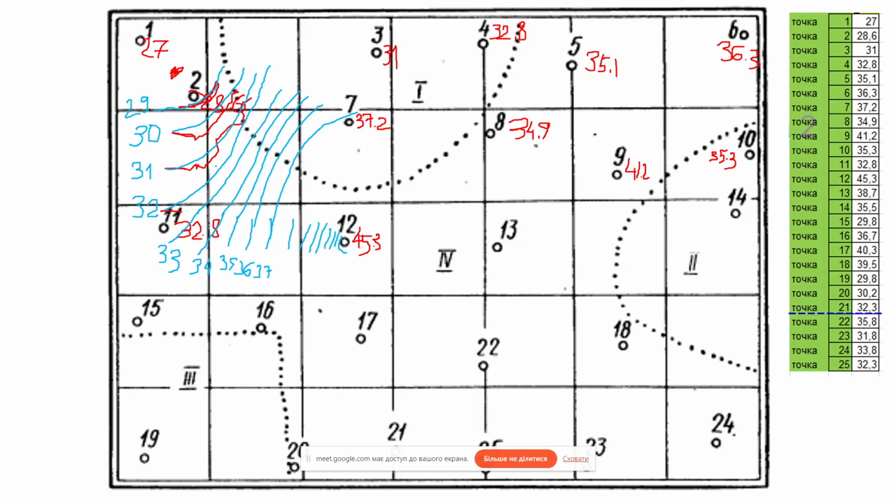And the 32 line will be in between here. 32, 33, 4, 5, 6, and 7. Here you can see 7, 6, and 5. 5 is very close to 34.9.